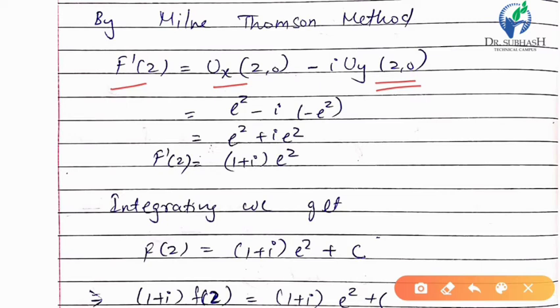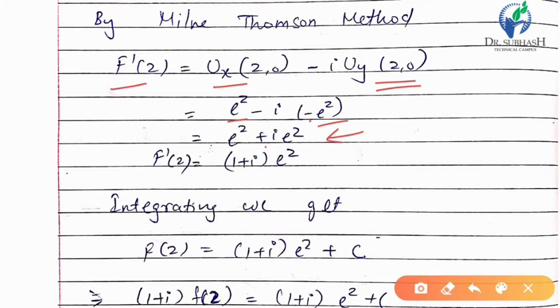I am replacing these two values here, e raised to z and minus e raised to z. Now this minus minus will become plus. So I will get f'(z) equal to e raised to z plus i e raised to z.